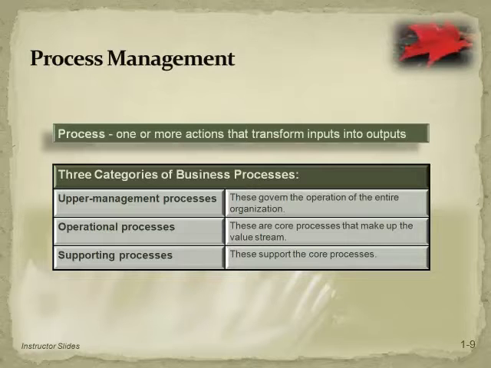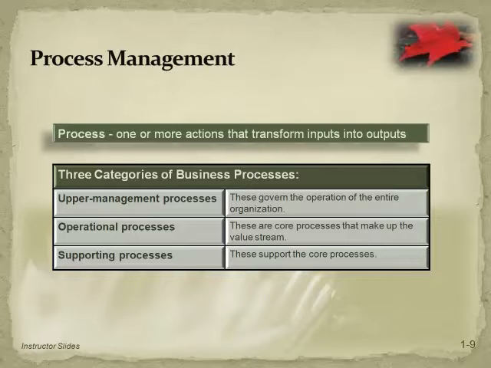So at the top level, we have processes that are important to upper management. Some examples of upper management processes would be the strategic planning process, where senior management will go through a series of steps and activities that will determine the overall strategy of the business.